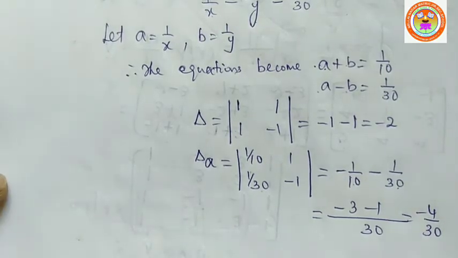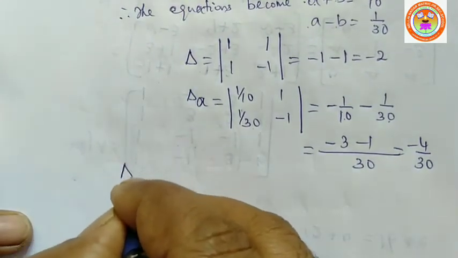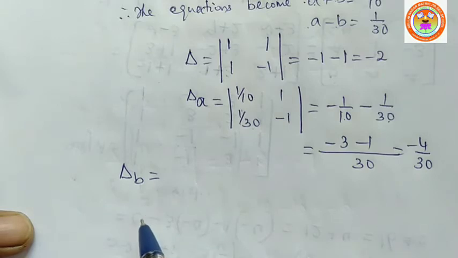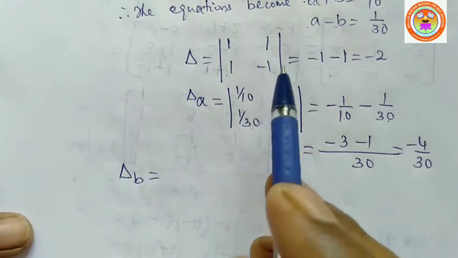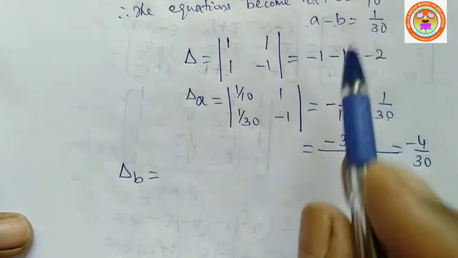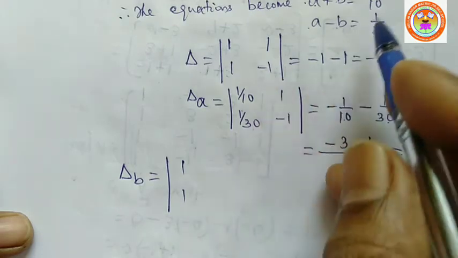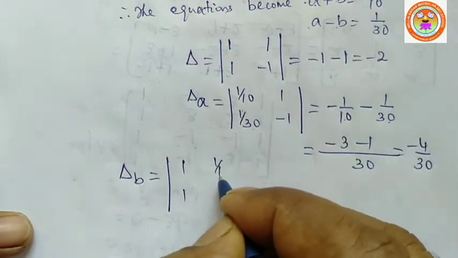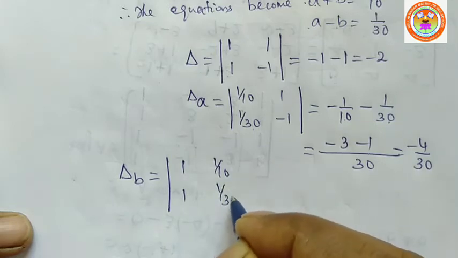Similar way, we can find delta B. So what is delta B? Delta B is also obtained from delta by replacing the second column by the constant terms. So 1, 1. The second column elements are the constant terms, that is 1 by 10 and 1 by 30.